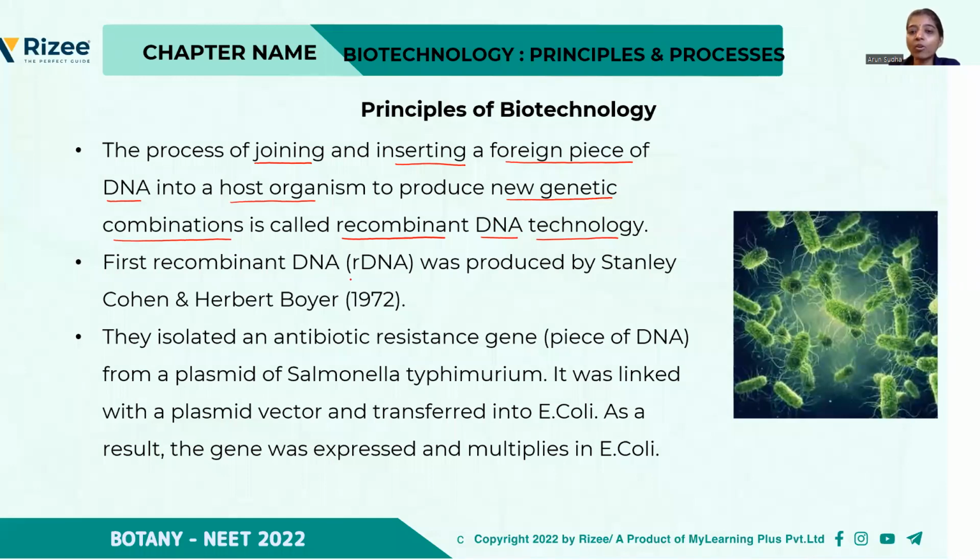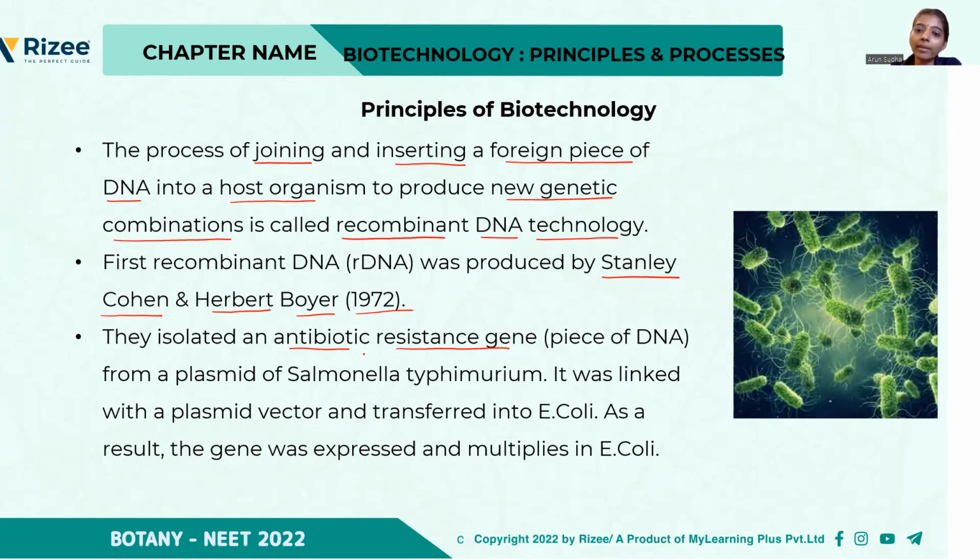The recombinant DNA was first produced by Stanley Cohen and Herbert Boyer in 1972. What they did is they isolated an antibiotic resistance gene, that is a piece of DNA, right? The gene is nothing but a piece of DNA.